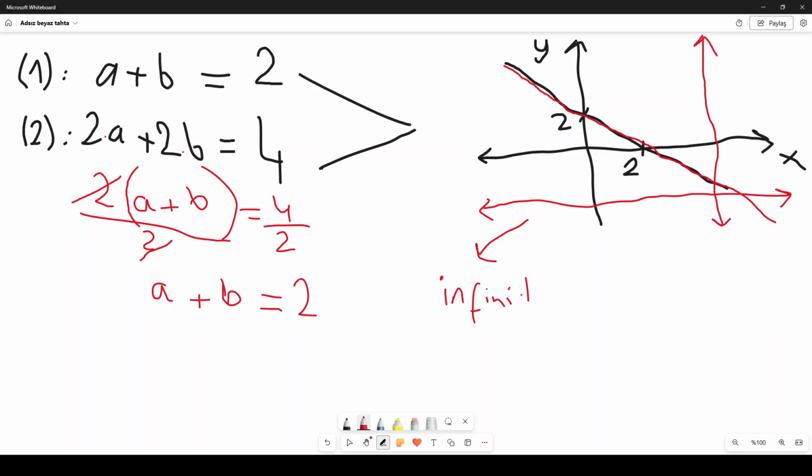So this is the third case, right? Because points on these lines are infinite, right? There are infinite number of points on these lines, and they intersect at all points through the real axis.